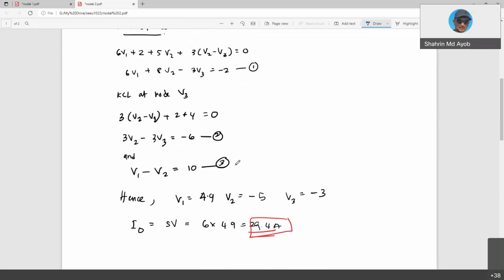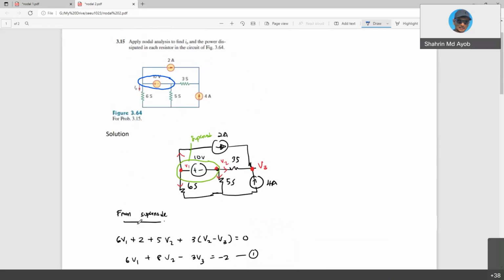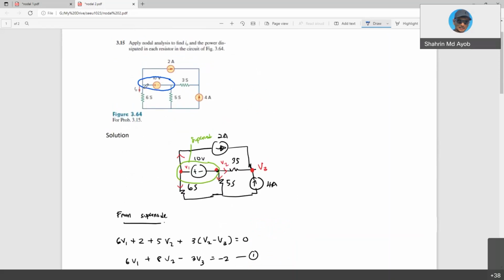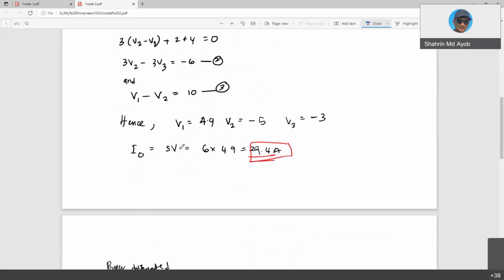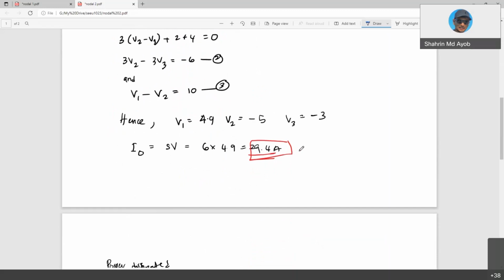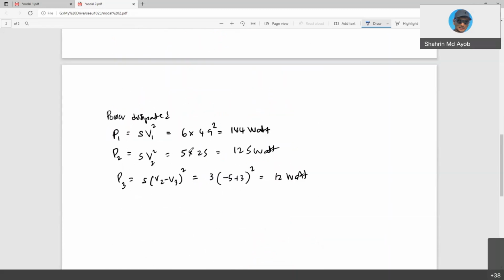Then you use your calculator and you will obtain this. So your Io, the current here, since this is 1 over R, you just multiply: SV is equal to 29.4 amperes. And then this is the power dissipated.